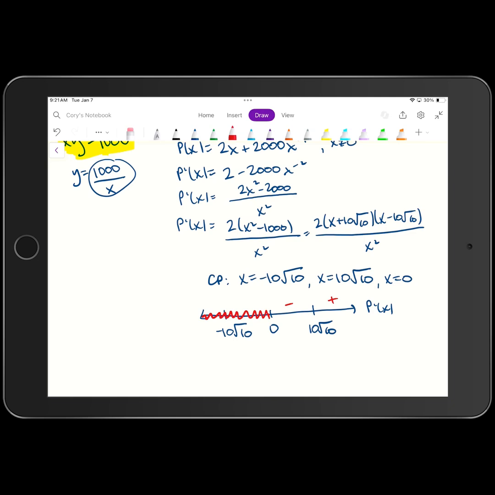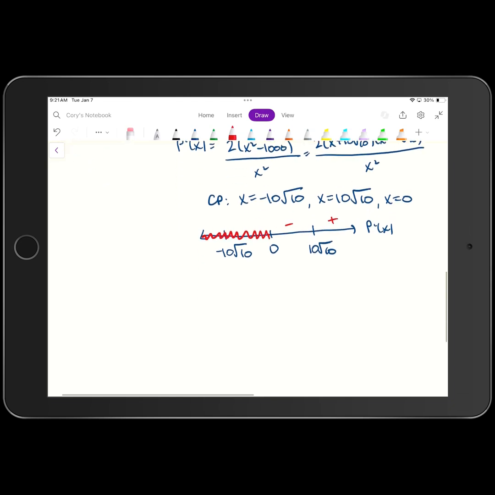So we get exactly what we want here, where the derivative changes sign from negative to positive. Okay, so our minimum perimeter occurs when our side length x is 10 rad 10, and the distance units here in this problem are meters.